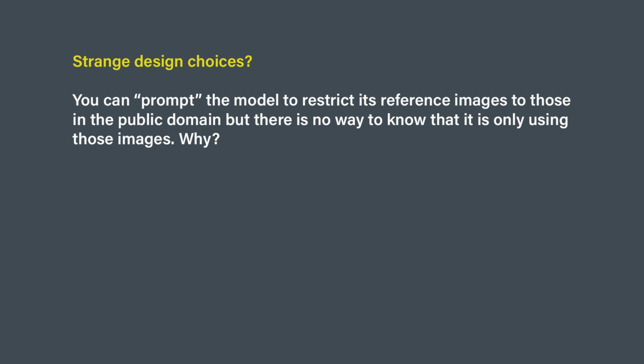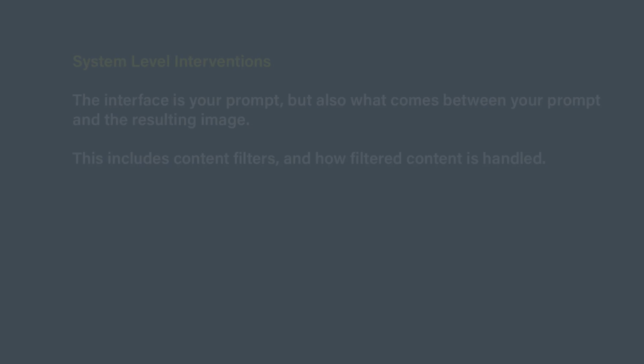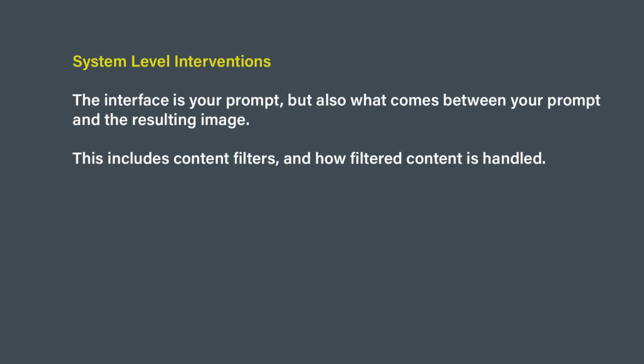So finally, the interface is also a site of a system-level intervention. Remember, we're talking about an interface and the interaction we have through a software interface to the data set. And one of the things that happens is these companies that offer those interfaces can kind of intervene. So if you type a prompt, the system intervenes in a few ways. There's safety filters.